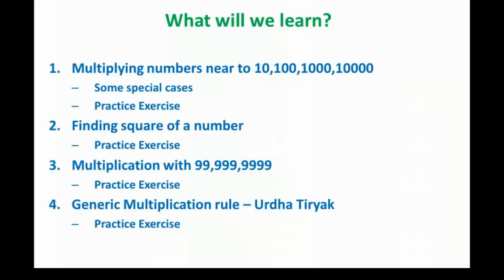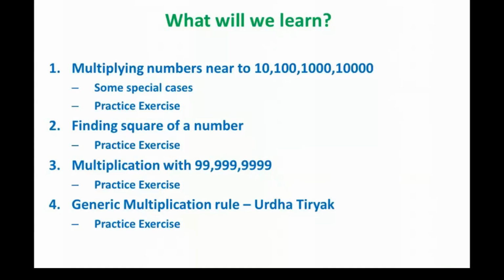So this outlines the generic part that we are going to cover as part of this course, so that it will give you an overall idea of what we are going to learn. The first section, Section 1, will cover multiplying numbers near 100, 1,000 and 10,000.